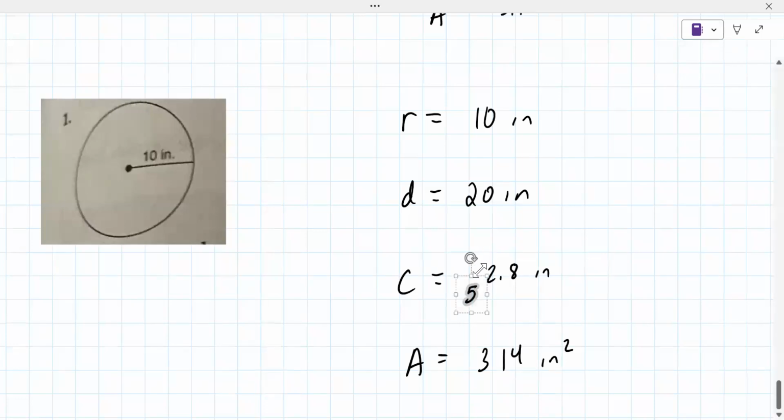That would be correct. Oh, I wonder why I did that. Okay, yeah, 62.8. Good. Okay, do you feel like you're getting the hang of this?